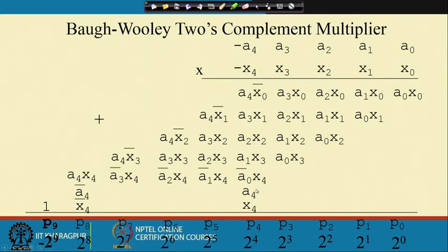But two extra multiples are coming, which are A4 and x4, because of considering the 2's complement number representation. That means I am increasing the depth. Initially the depth was 5, but now it becomes 7.